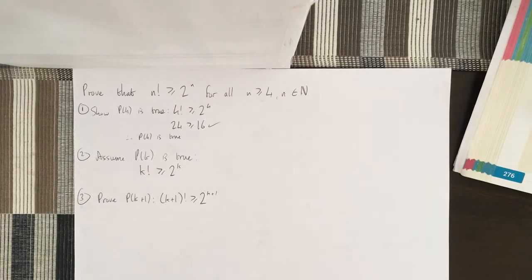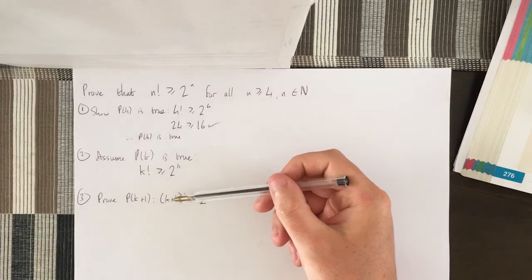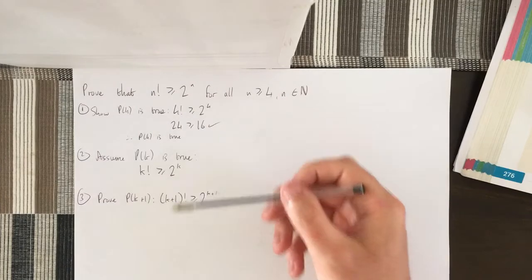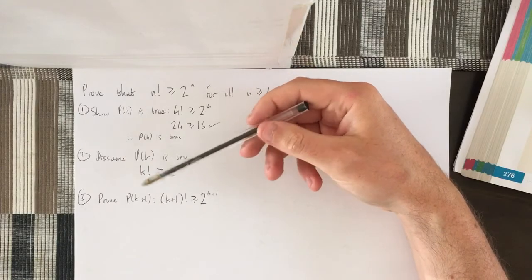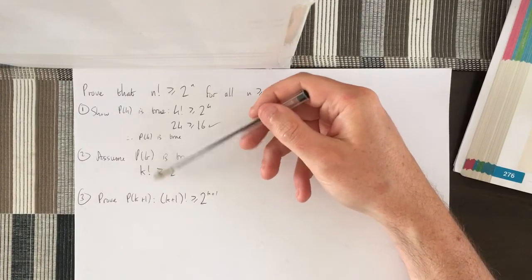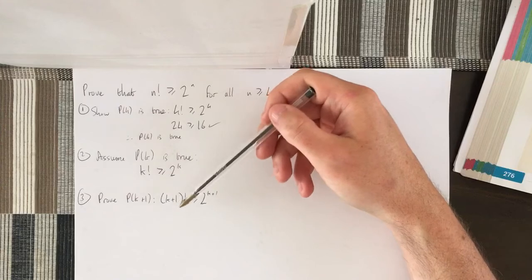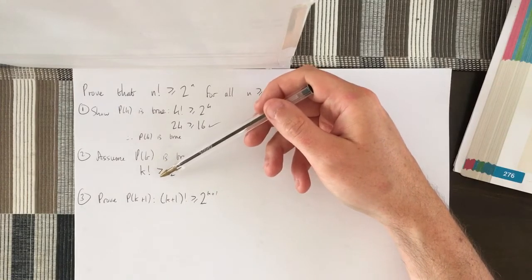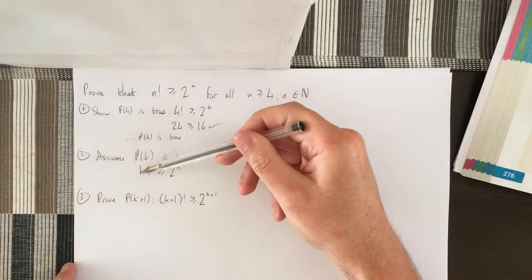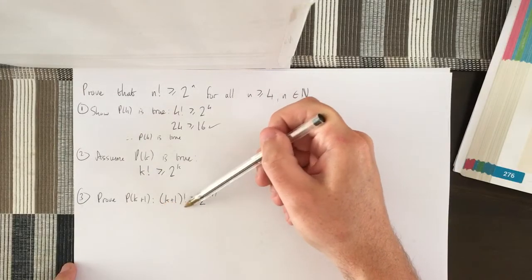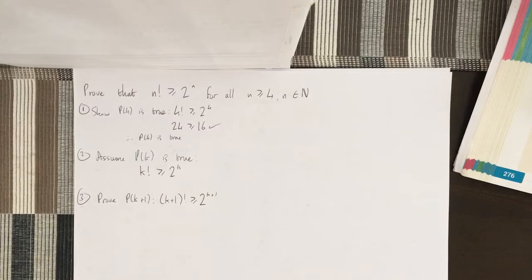Now, as with all the inequality ones, I can't take the same step I do in the other induction questions of subbing in for K factorial here, because it's not an equation, it's an inequality. But I am going to try and link these in some way. So I'm going to try and get K factorial here instead of K plus 1 factorial.